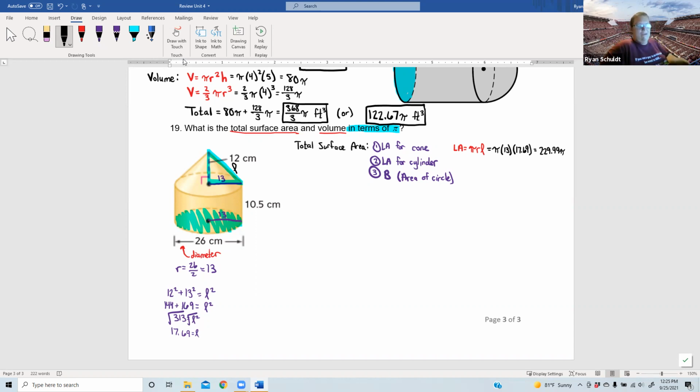So really, let's go on and say that this is going to be about 230 pi. This is approximately equal to 230 pi.